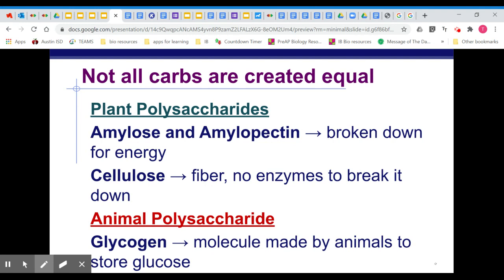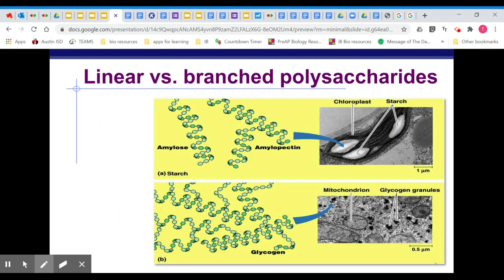Cellulose, however, which is found in cell walls, we do not have the enzymes to break it down. And so it comes out the same way it went in. That's fiber in your diet. So it is useful. It helps keep things moving in that large intestine, but you can't break it down for energy. And the animal polysaccharide, again, is going to be glycogen.